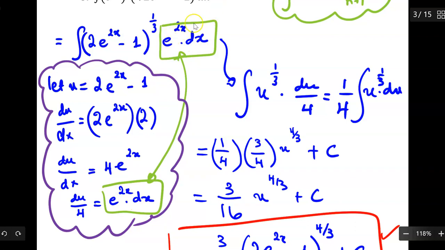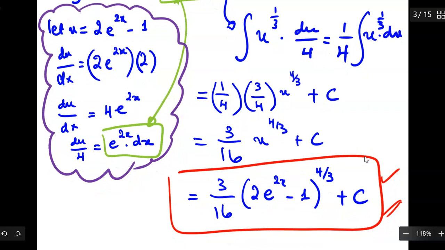Instead of writing it as a function in terms of x, I make that into a function of u, so it equals du over 4, so I multiply by du over 4. Then I apply the basic rule for integration, add 1 to the exponent and divide by the result. Then simplify and substitute back in.